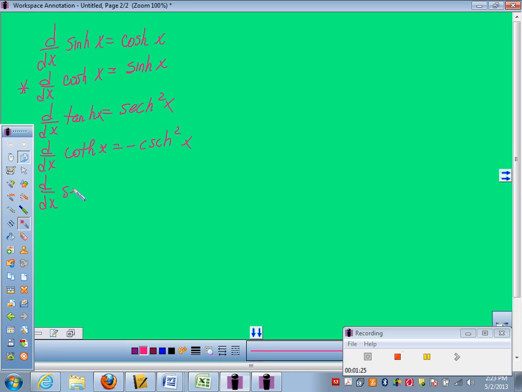And the other one that changed, hyperbolic secant, becomes what? It's negative secant tangent, yes. And hyperbolic cosecant is still negative also.